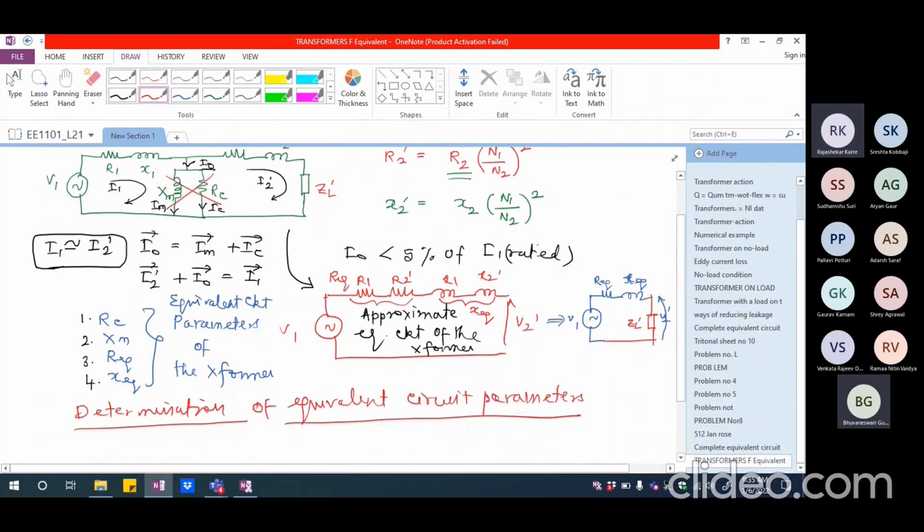So let's take a look at how we are going to determine the equivalent circuit parameters of a transformer. As I told you, these are the 4 things that we are going to determine.